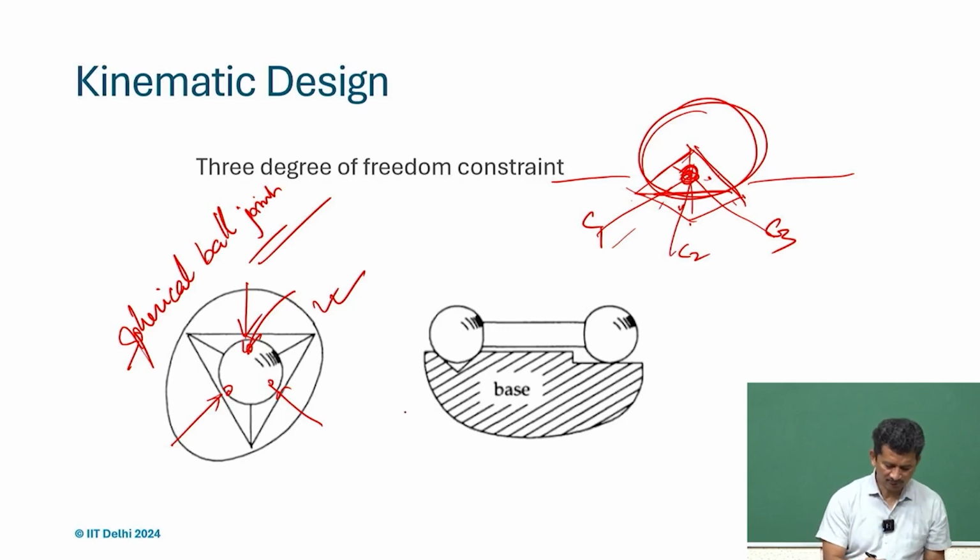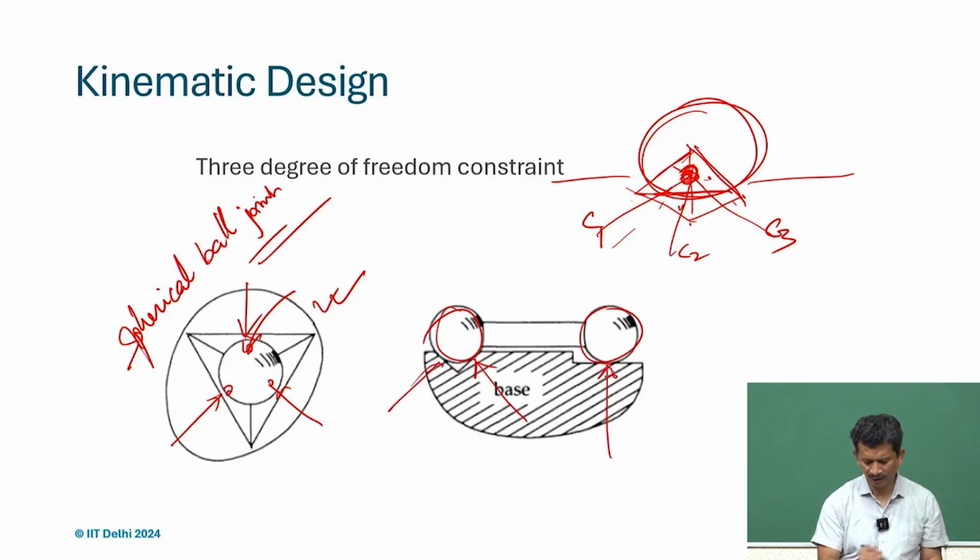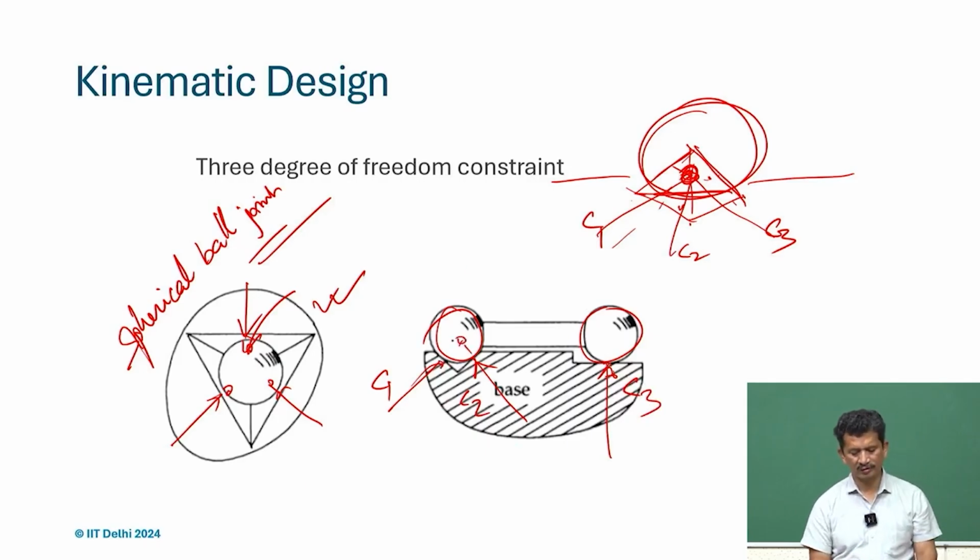What if we take a link with 2 spherical balls and put one on a V and one on a flat? What kind of constraint do we create? Here, if we see again C1, C2 and C3, and if you analyze, we will see that yes, again a point is constrained. So, what are the degrees of freedom?